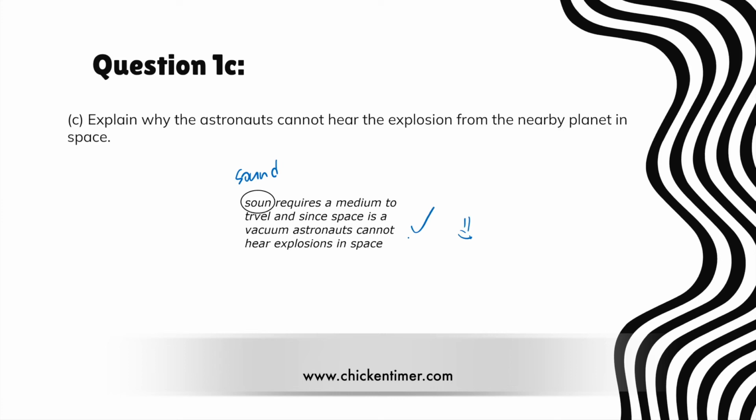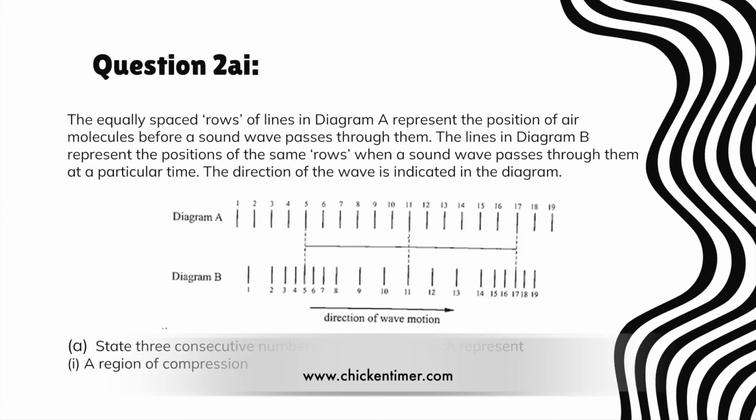This is like a 1 mark question most of the time. So we have 3 equally spaced rows of lines in diagram A. It represents the air molecules before the sound wave passes through them.